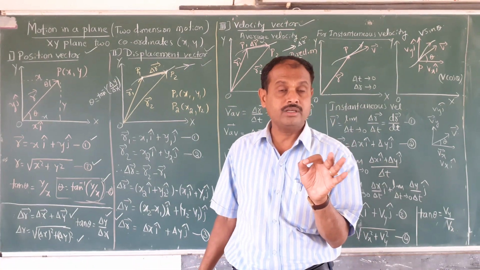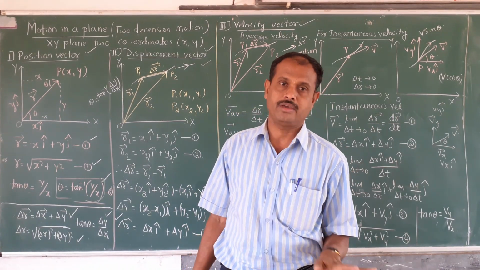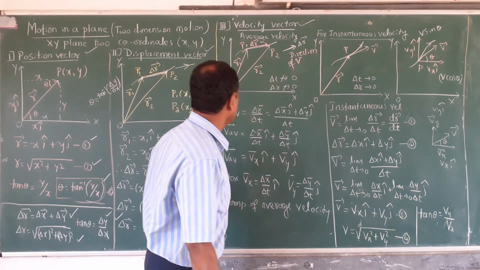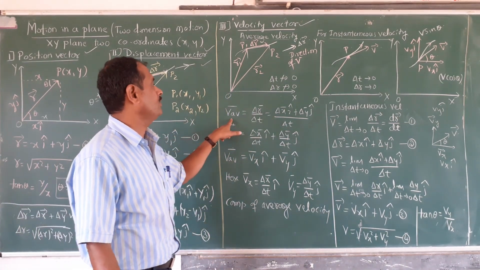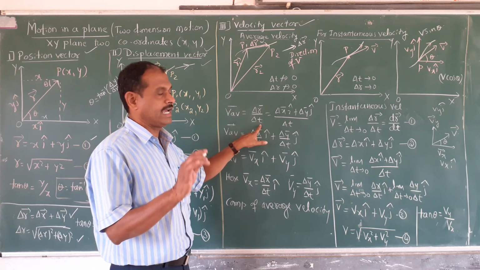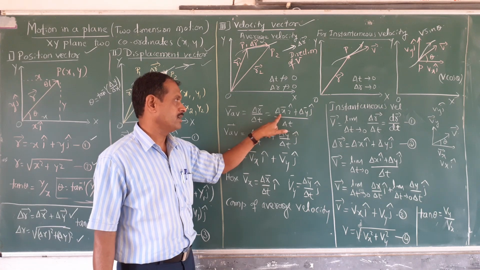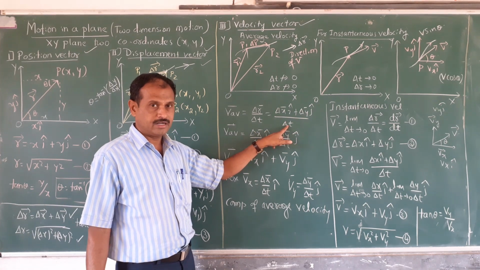The direction of the velocity is always along the direction of the displacement. So this is the displacement direction, and I am talking about average velocity. Average velocity is equal to displacement divided by time. Displacement along x-axis, displacement along y-axis, divided by time.